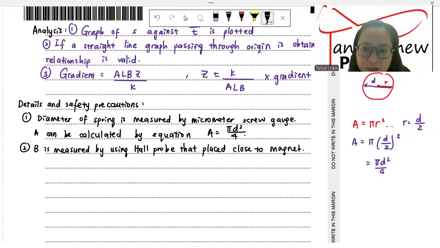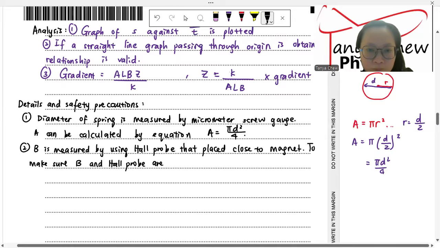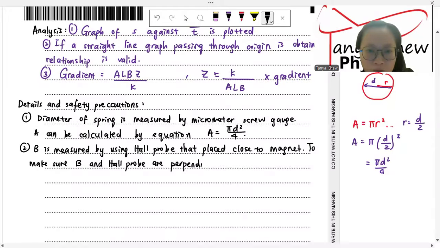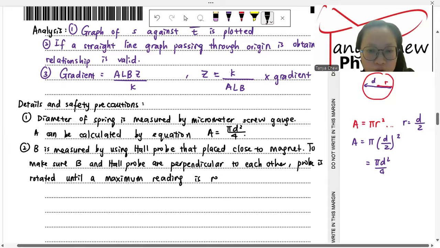So I talk about that: to make sure B and the Hall probe are perpendicular, or at right angles, to each other, the probe is rotated until a maximum reading is registered on the meter.